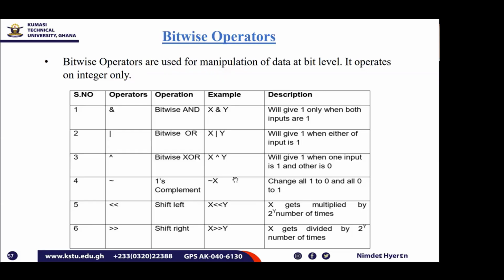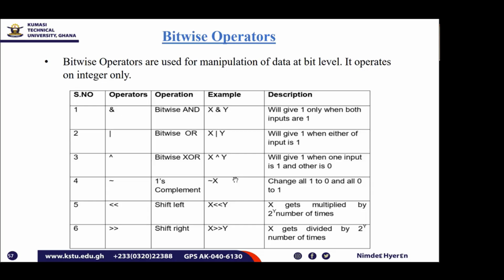So like I said, 2 raised to the power n, or 2 raised to the power of a certain number of bits, is what we are basically talking about here. And then similarly for the shift right, which is denoted with the double greater than sign, we get X divided by 2 raised to the power Y number of times. So that is the bitwise operator.